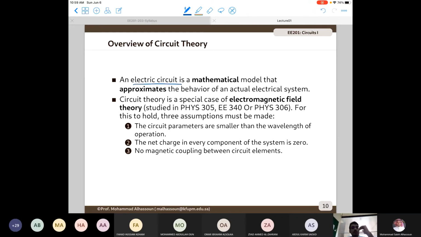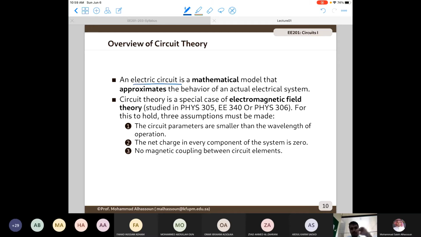The topic that we're going to cover in this course is a special case of a very general theory called electromagnetic field theory. Electromagnetic field theory is thoroughly discussed in Physics 305, EE 340, or Physics 306.